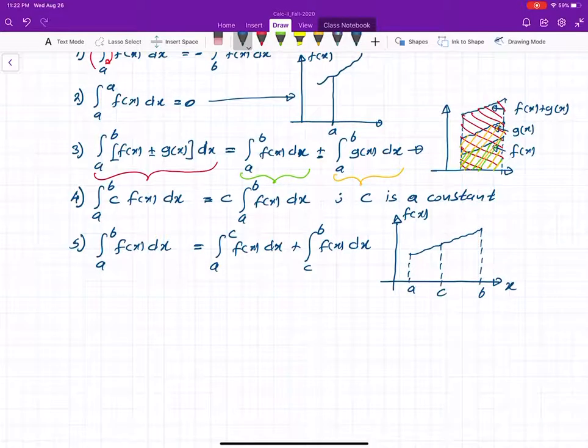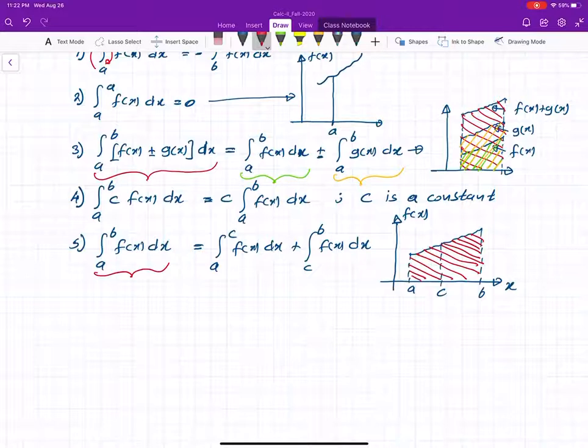Okay, this explains the integration of the entire function from a to b, that is this area, and this explains integration from a to c, that area, and then this explains that area.